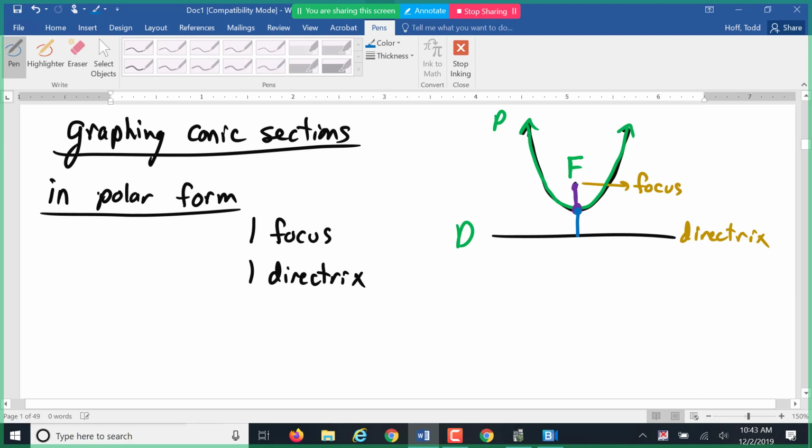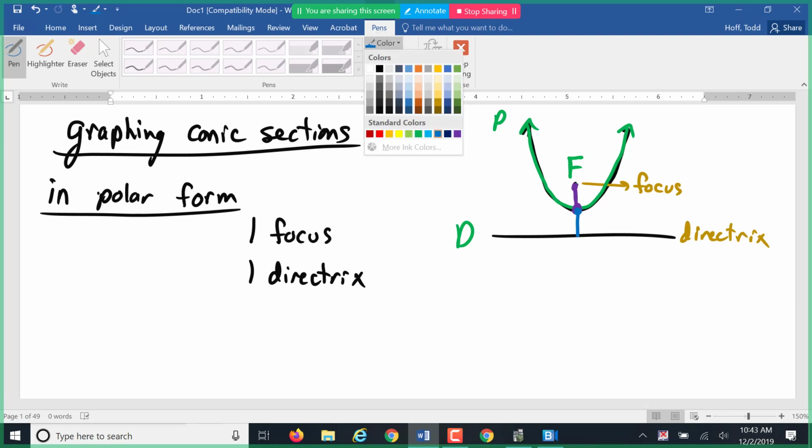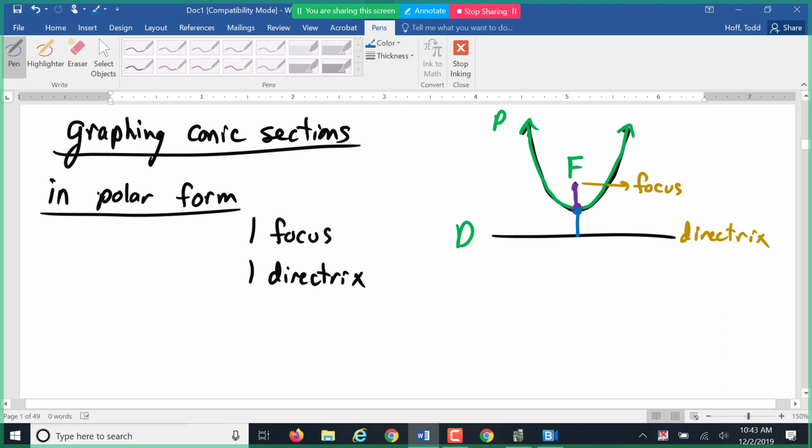So the distance from that point to the focus, I am going to label as PF, point to focus. The distance from that point to the directrix, I'm going to label PD, point to directrix.